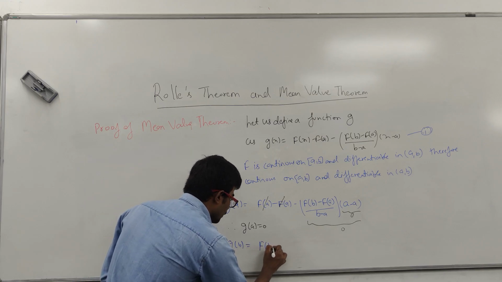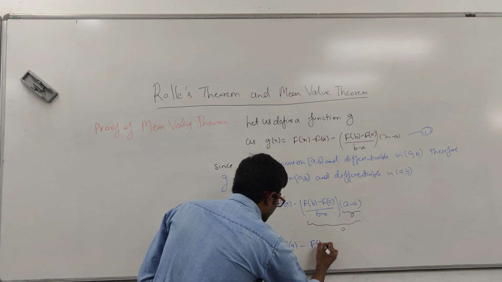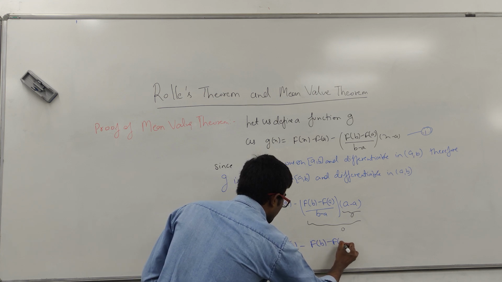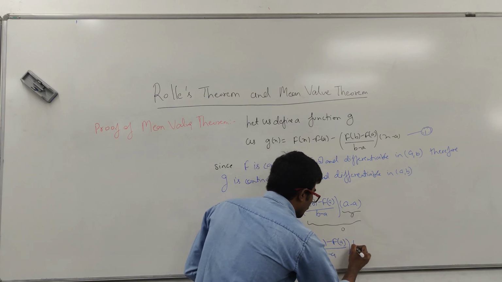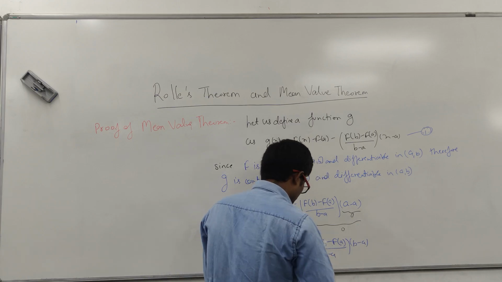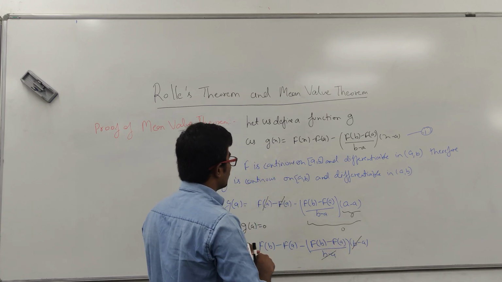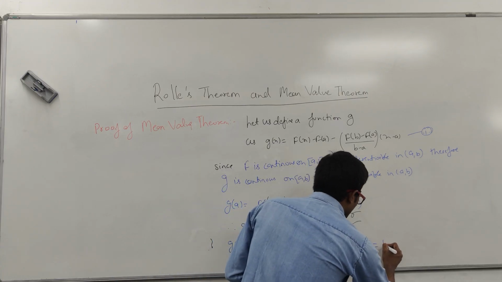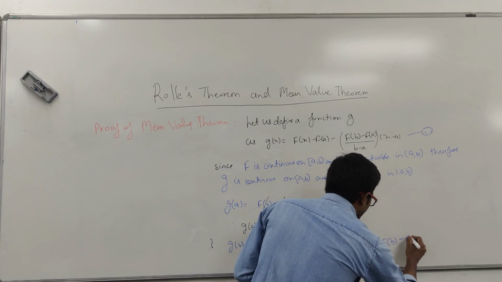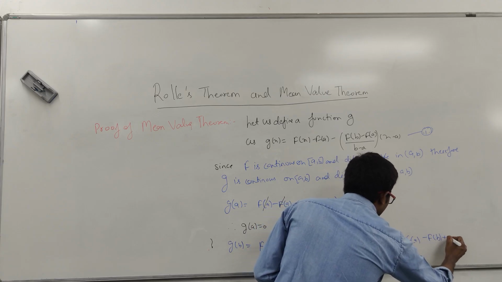Now put x equals b in equation 1, so we get g of b equals f of b minus f of a minus f of b minus f of a upon b minus a into b minus a. Now b minus a cancels out, so we get f of b minus f of a minus f of b plus f of a.